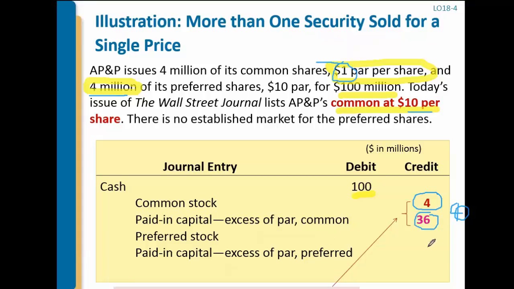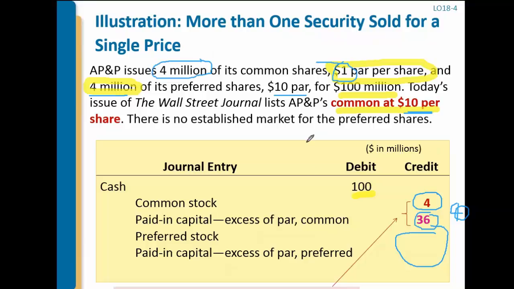So if a 40 is here, then the only question is what is the plug number? Well, we know that the plug number is going to be preferred stock of $10. And, oh, sorry, this is the 4 million common stock and 4 million preferred stock. Okay.